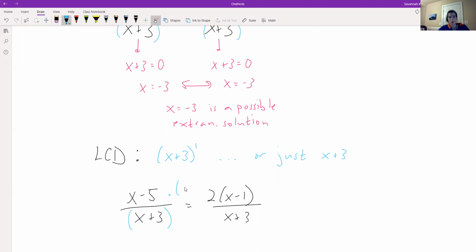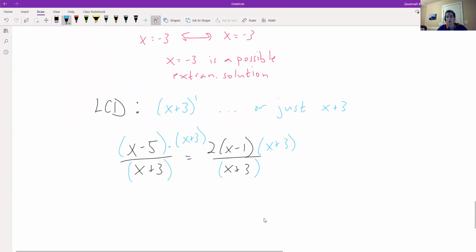I'm going to multiply by my x plus 3 to both parts. Now, when I do that, I just like to be extra safe. I'm protecting everything that I possibly can in parentheses. Sometimes that turns out to have been more work than we needed, but it's never a waste of time because when you need those parentheses, you really need them.